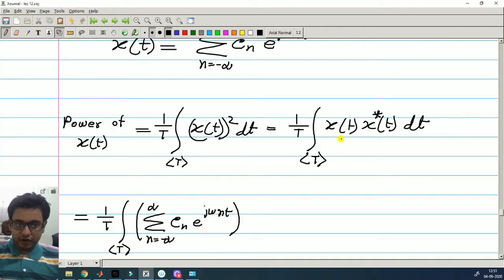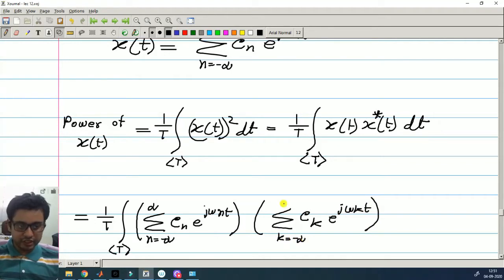This is the first x(t), and in place of the next x(t), let me write Ck e to the power j omega k t summed over k equal to minus infinity to plus infinity, then conjugate of that.